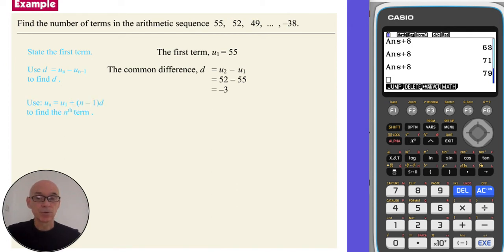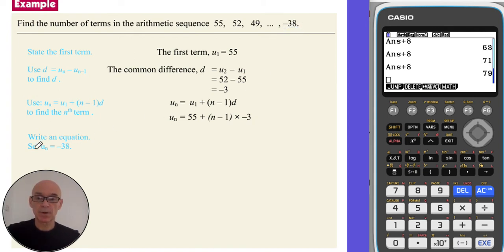Then if we use the formula for the nth term, again given in your formula booklet, replacing u1 with 55 and d with negative 3. To find the number of terms, we're going to use the fact that the last term is negative 38.